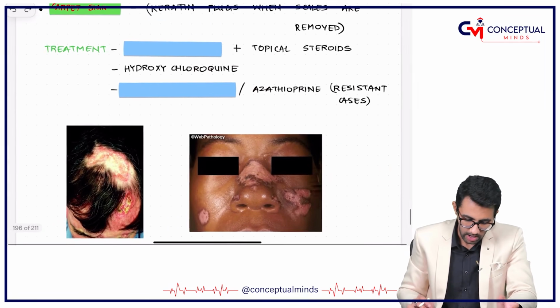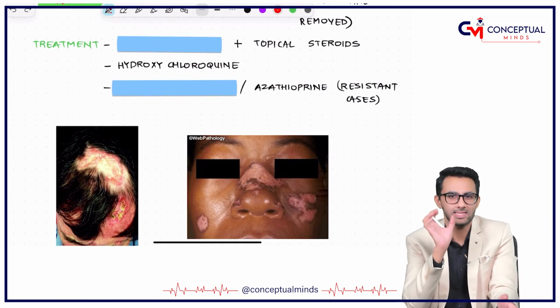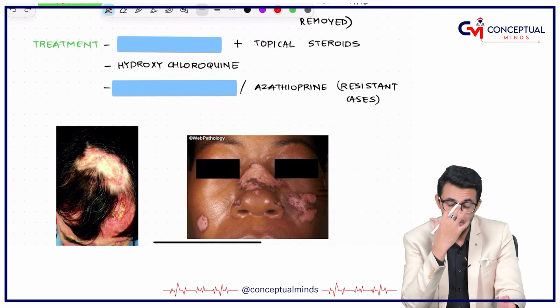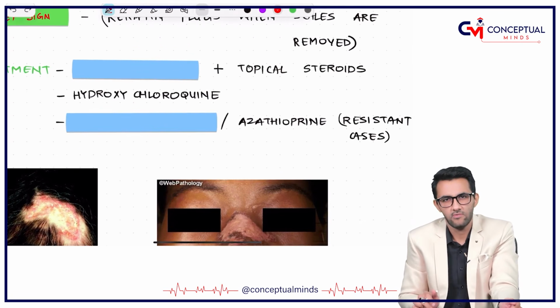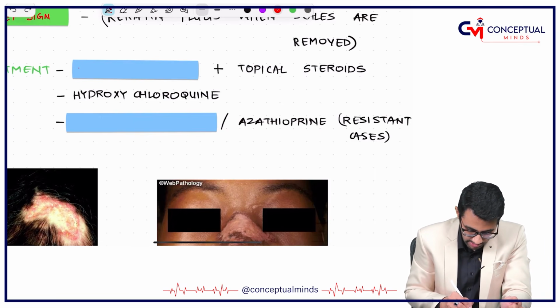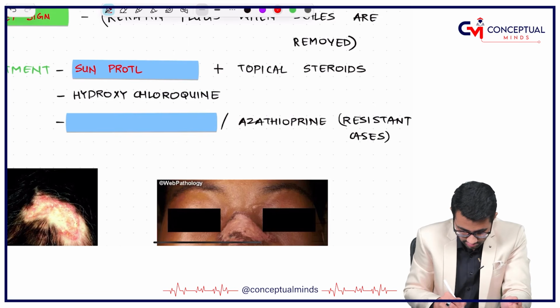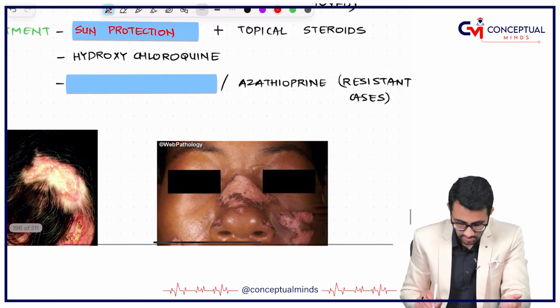And how about the treatment? What do we do about the treatment? First of all, we have to protect the skin. That is the mainstay of it, skin protection. And how would we do skin protection? Definitely we can cover it up, and we can also use some sunscreen. Sun protection is the mainstay. Hydroxychloroquine and systemic steroids could also be given.